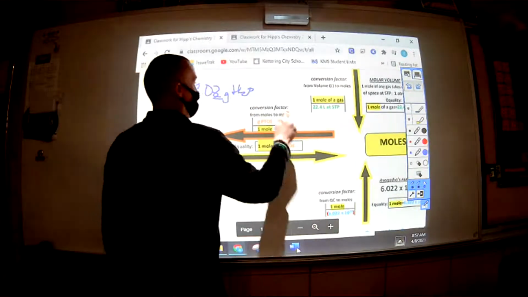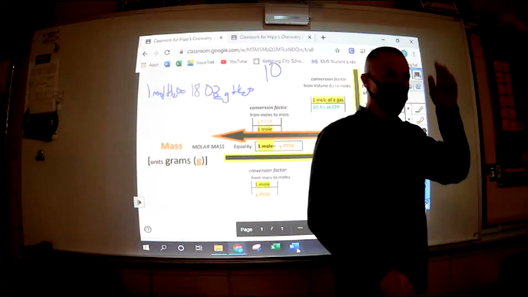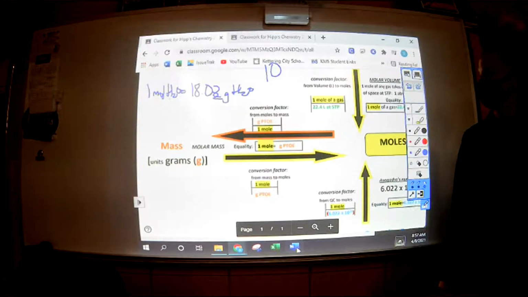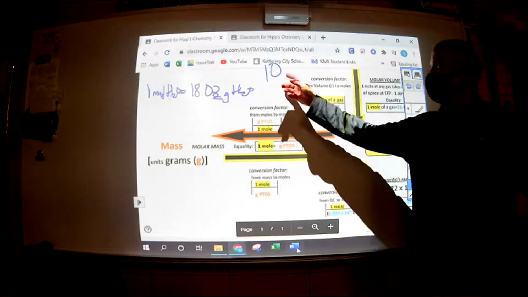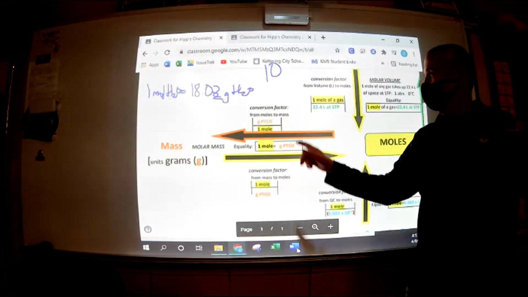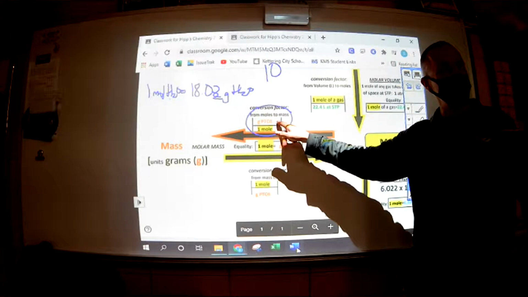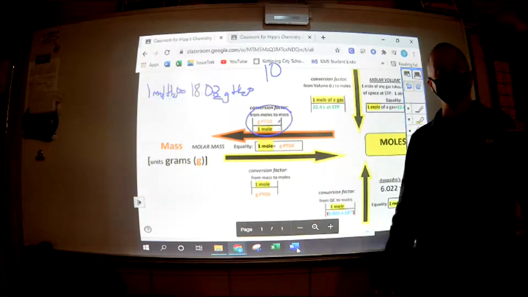Let's say we have 10 moles of water. What would the mass be? So you took what? 10 times the mass, yes? It tells us to do it right there. The mass went on top, 18.02. The moles are on the bottom.